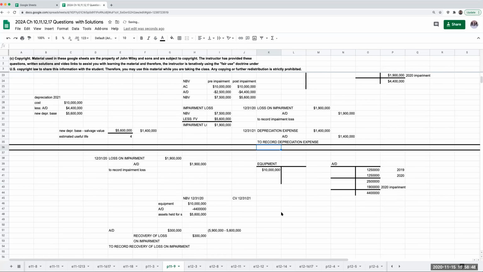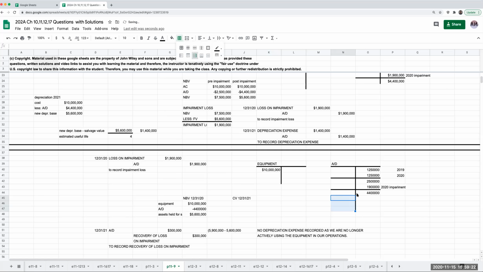And down here, I do not record depreciation. That's the real big difference, because I can recover this against my loss, whereas I can't do it up here, and I cannot take any more depreciation expense.